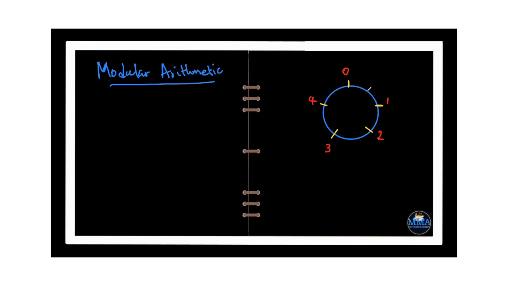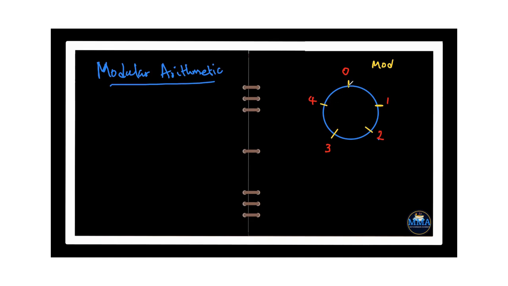Because this circle is partitioned into 5, this is going to be our mode 5 system. So 5 is the modulus. What it means is that by the time we go around this circle 5 times, we arrive at the number 0, and we begin the journey again. After we have taken 5 steps, look at this.